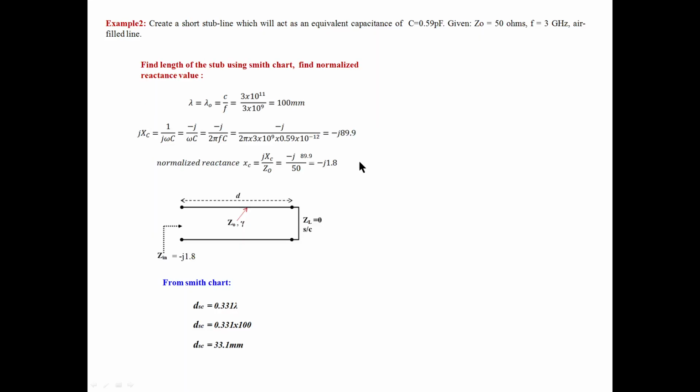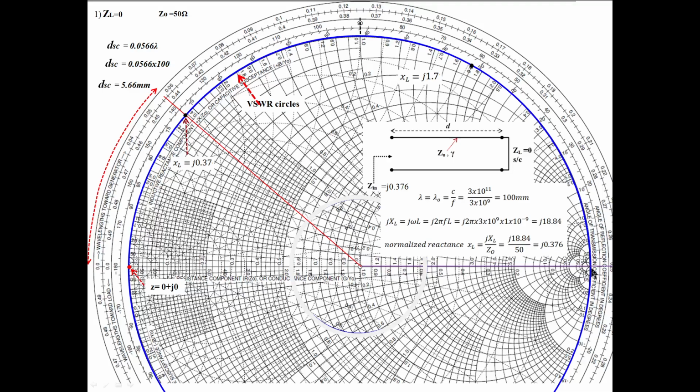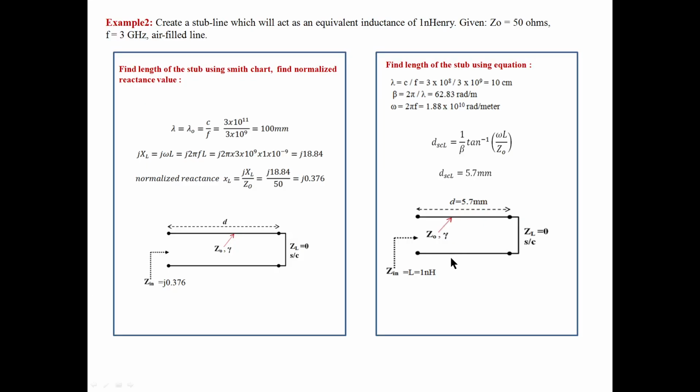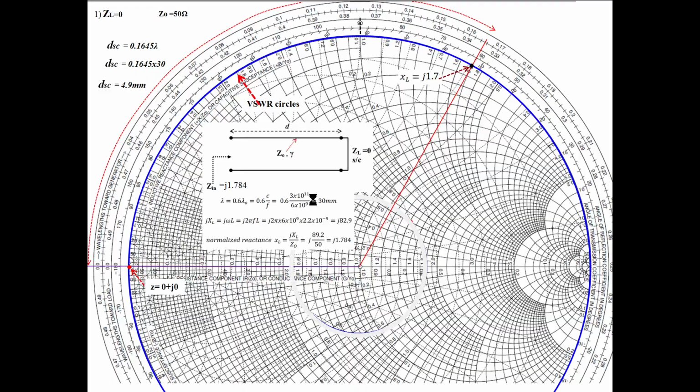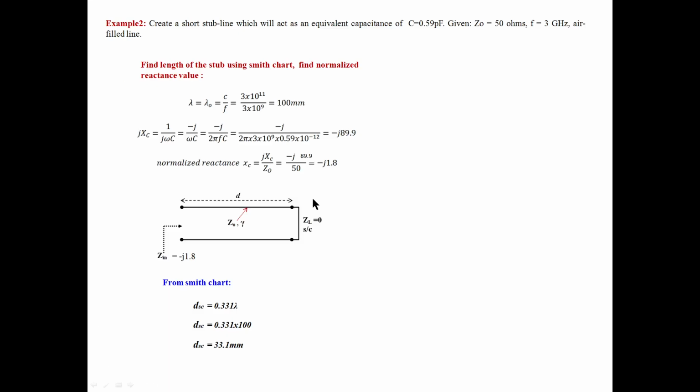But for the open stub, you should start from here and measure the distance from here. This is the open circuit point. You should remember that, and be careful in the examination whether it is an open stub or a short stub.